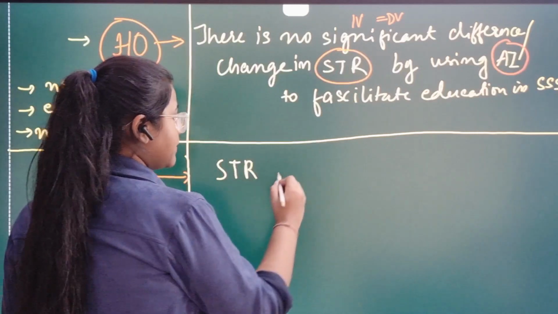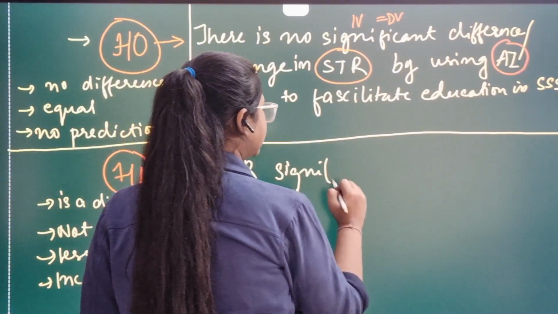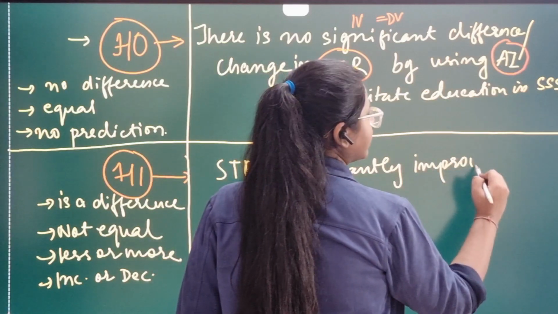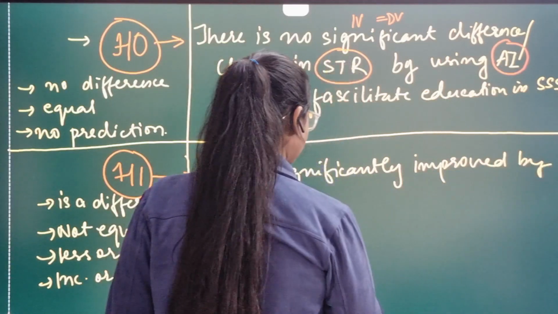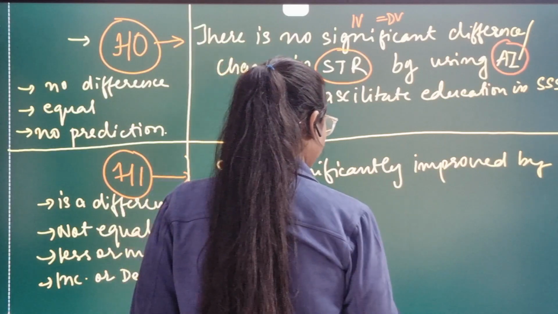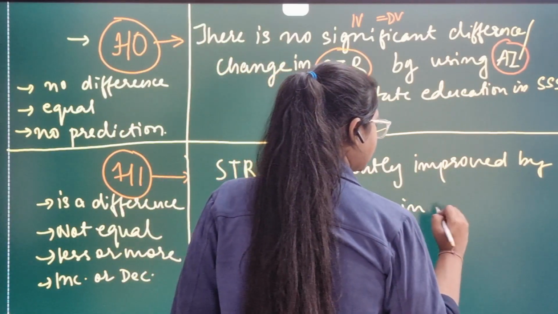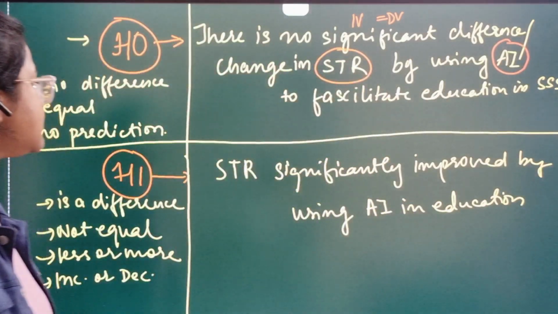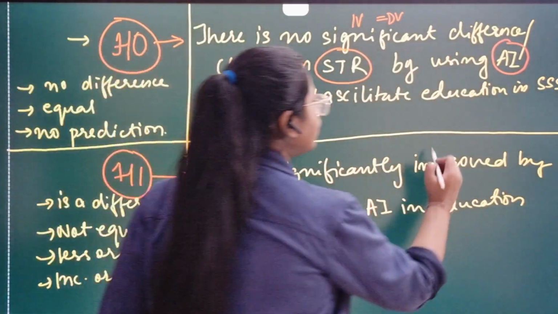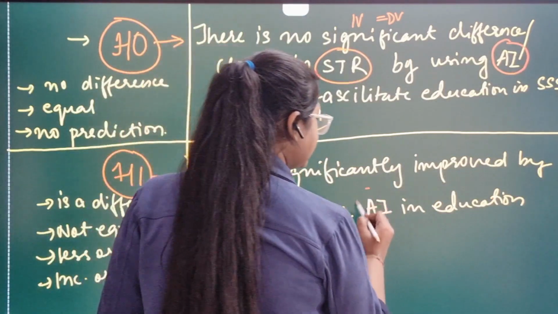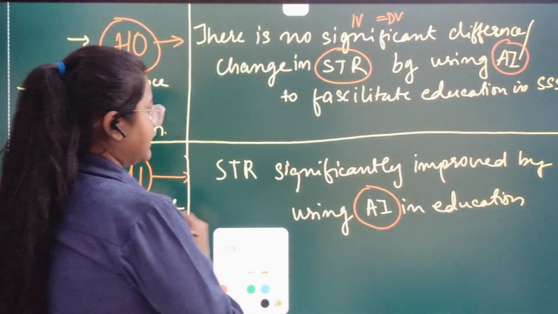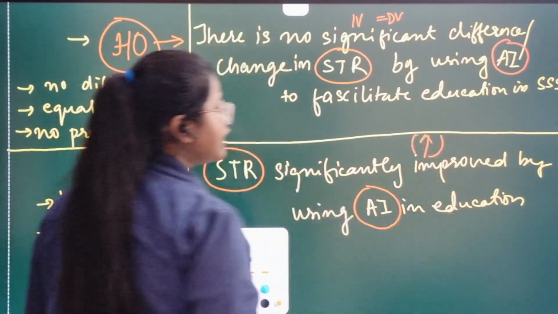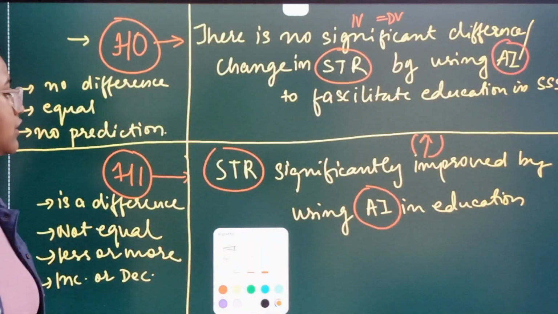Student-teacher relationship significantly improved by using AI in education. This can be our alternate hypothesis, that it improved. It means when the independent variable was manipulated, my dependent variable increased. There is a change.